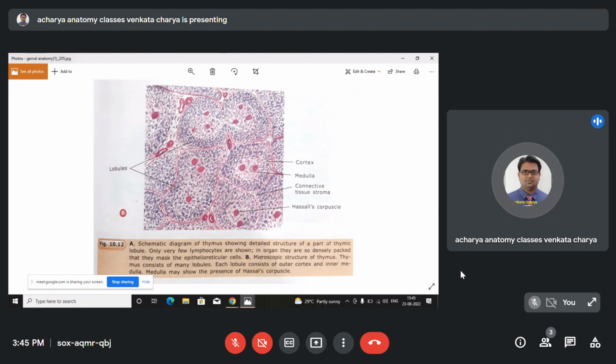In the germinal center there are Hassall's corpuscles, like an onion-skin structure, present in the thymus. To identify the thymus, Hassall's corpuscles are the main feature.